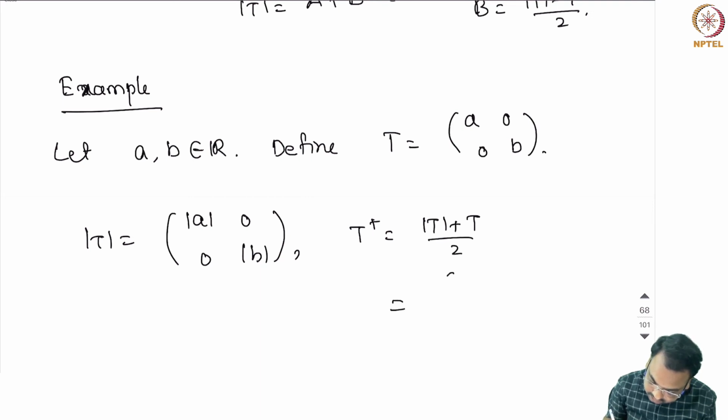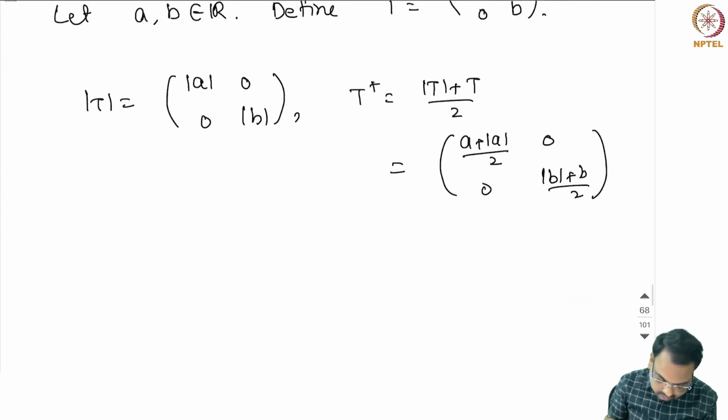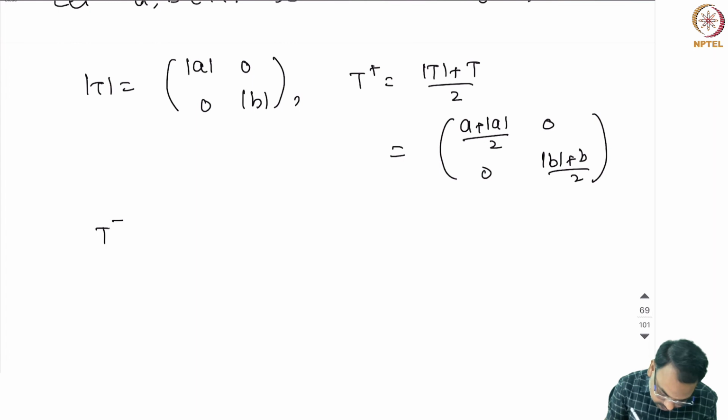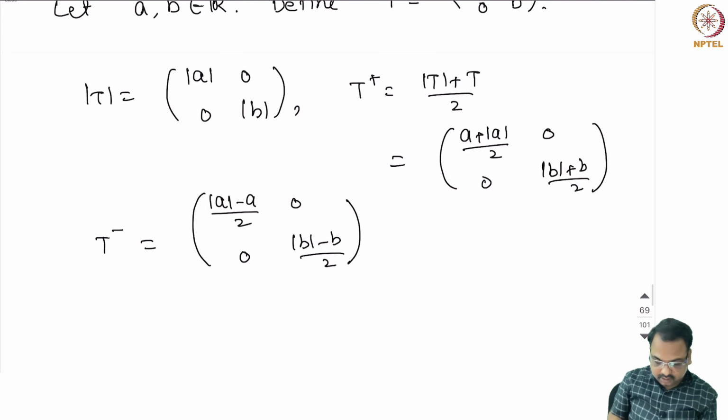So you will get this as diag((A+|A|)/2, 0; 0, (|B|+B)/2). Similarly, we can show that T⁻ is diag((|A|−A)/2, 0; 0, (|B|−B)/2). This is for a matrix T.